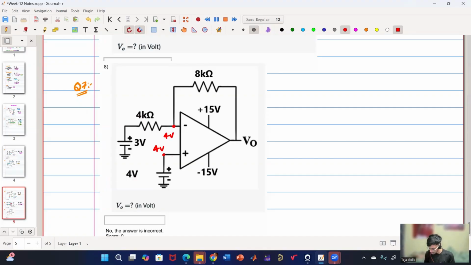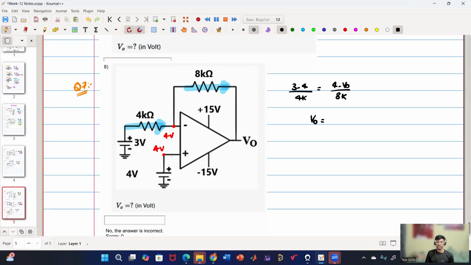Then 3 minus 4 volt. 3 minus 4 divided by 4K equal to 4 minus V naught by 8K. Okay, very good. And what will be the value of V0?